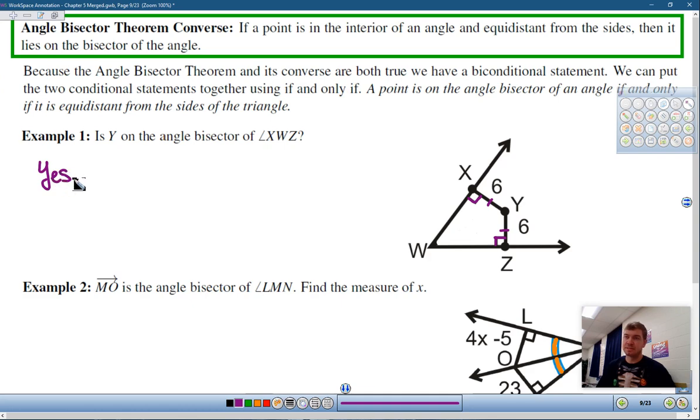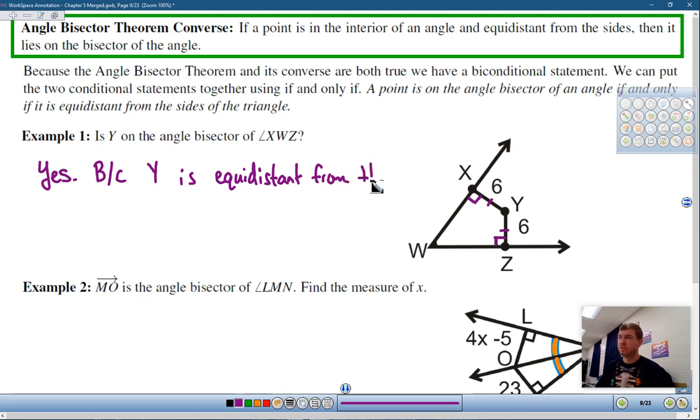The answer to that is yes, because Y is equidistant from the sides of angle XWZ.